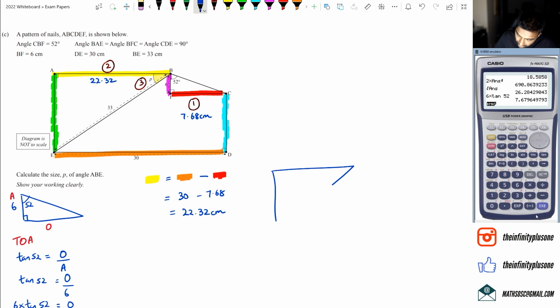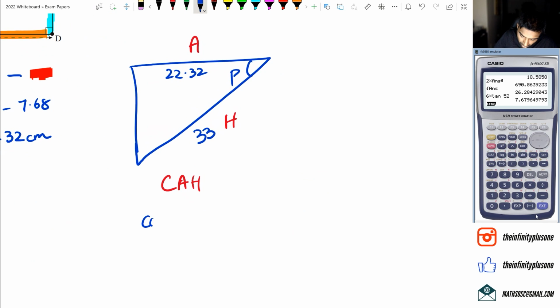The triangle I'm working with is this one here, which is 22.32. Then I've got 33 as the hypotenuse, and I've got P as my angle. So in this case, I'm working with adjacent and hypotenuse, so I'm going to be using the cos rule. So cos of P equals adjacent over hypotenuse.